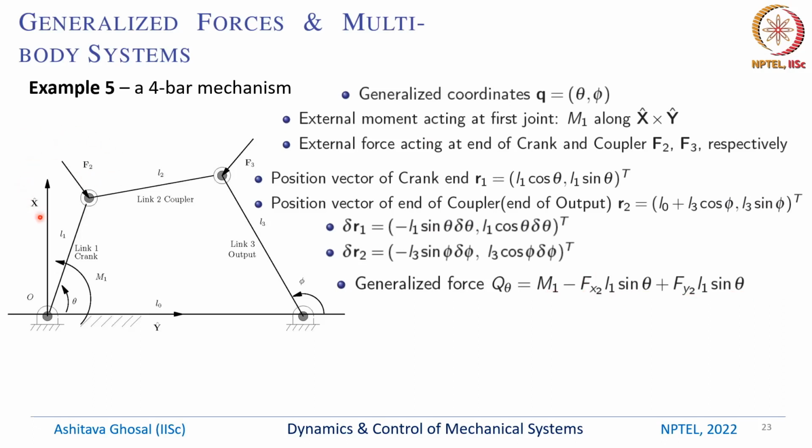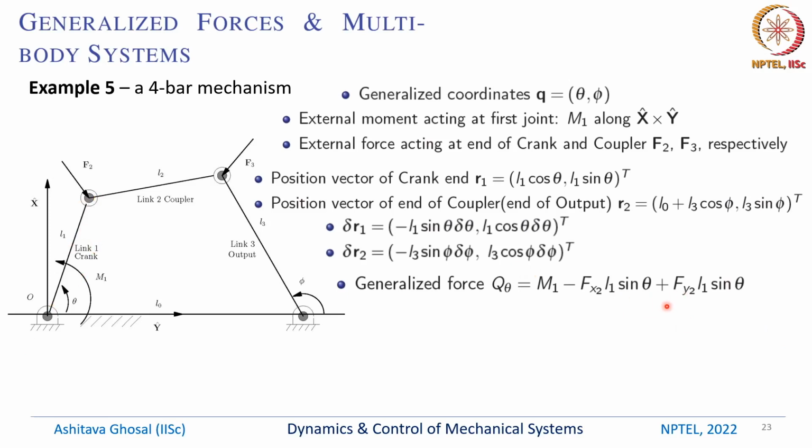So basically it is the moment of this force F2. We are assuming that the force F2 has components Fx2 and Fy2, and this is the moment of this force as seen from here. Okay, so hence we will have a term which is pure moment, which is acting at this crank, and then the force into some lengths.